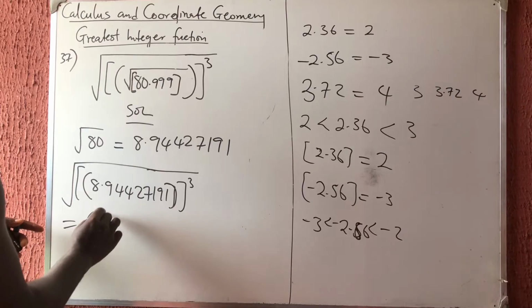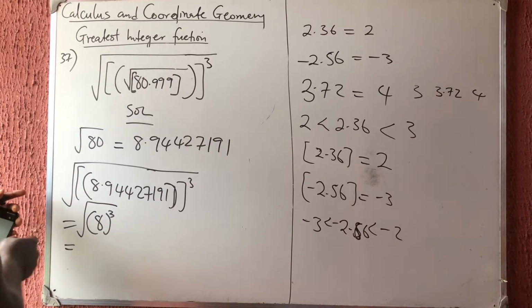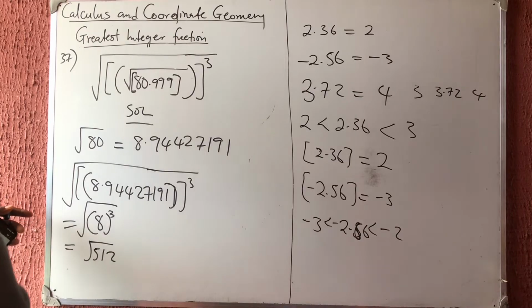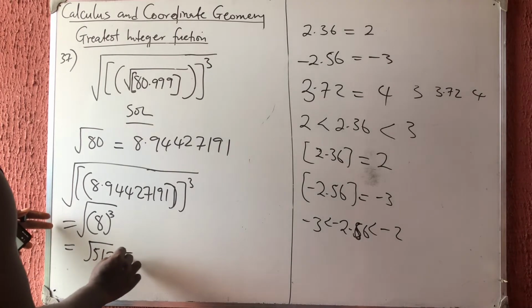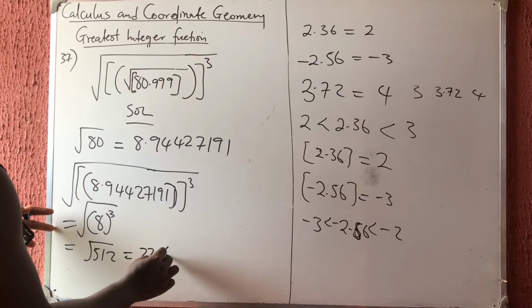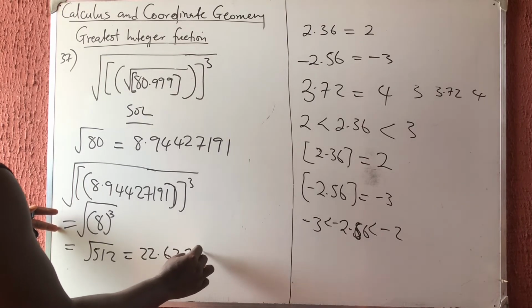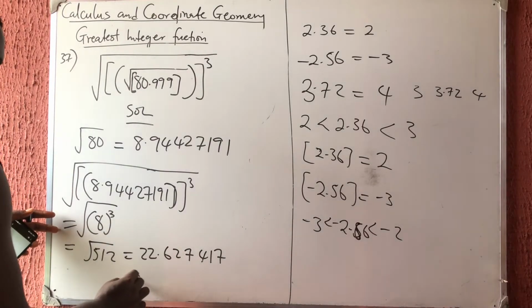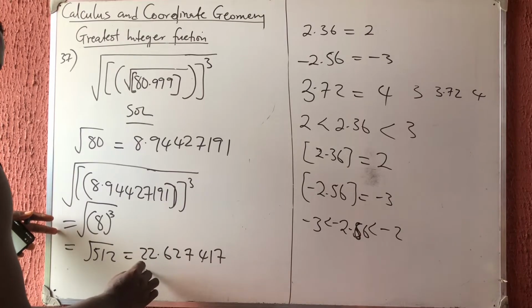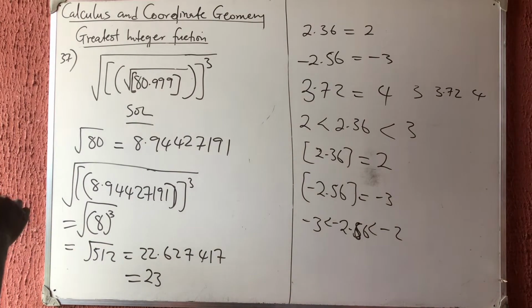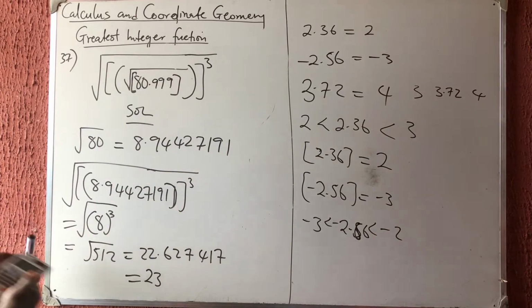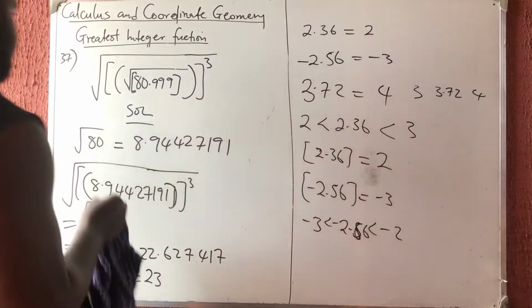So I say 8 raised to power 3, then square root. 8 cubed is 512, and the square root of 512 gives us 22.62717. There is no greatest integer function here, so we are just doing normal approximation, which should give us 23 as a whole number. So we go to the next one.